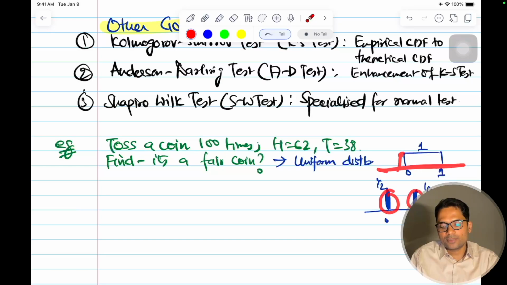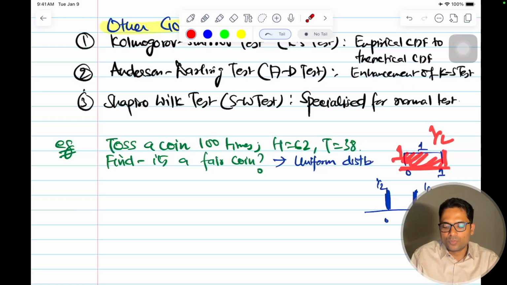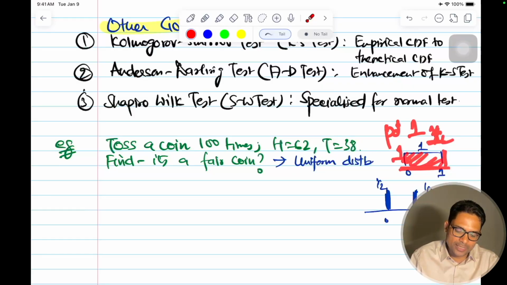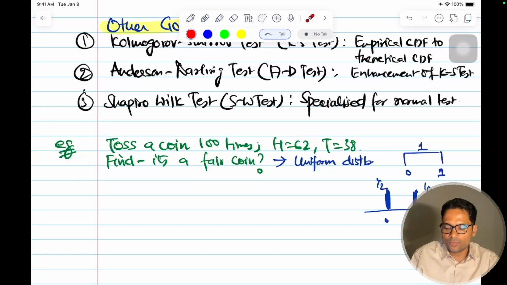If it's continuous, the height will be 1 with breadth 1, because the area under the curve should be 1 for a PDF, not half. If it's discrete uniform, the sum of all the probabilities should be 1, and half plus half sums up to 1. So the basic idea is whether it is a uniform distribution or not.